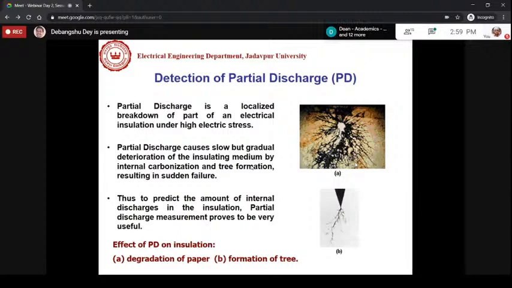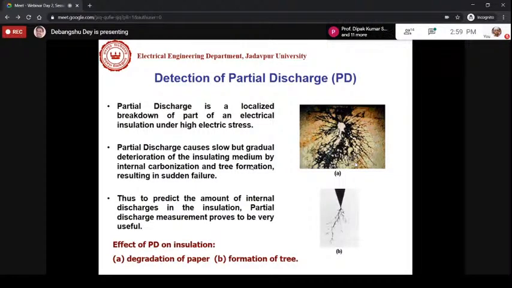And the last one for my topic is the detection of partial discharge. Partial discharge, you know, happens if there exists some void, some defect in the insulation, maybe not a direct short circuit. For example, say you have an insulation of resin. Within that resin, if some void or some air is there, the dielectric constant of that air is less than that of the resin.